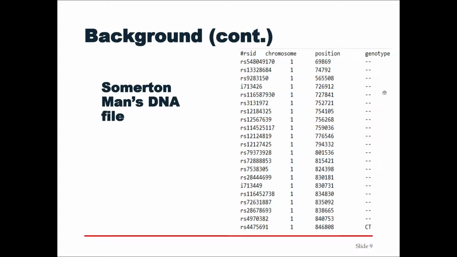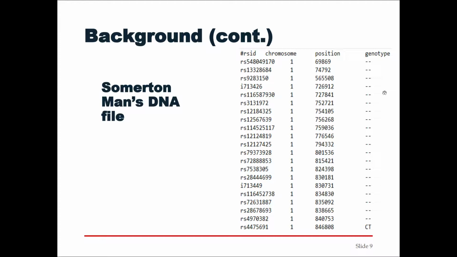Here is a screenshot of the Somerton Man's DNA reference file. The file records a set of SNPs, and there are 4 columns used to identify these SNPs. The first column, RSID, is the ID for identifying each SNP. Chromosome identifies which chromosome that SNP belongs to, and position indicates the position of the SNP in the owner's DNA sequence.